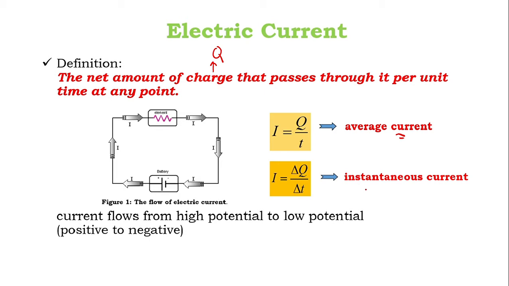And for the instantaneous current, we add delta here. Delta means change, change in Q, the charge, and in T, the time. So it means at a certain time.